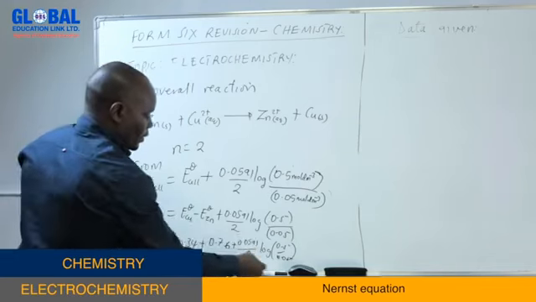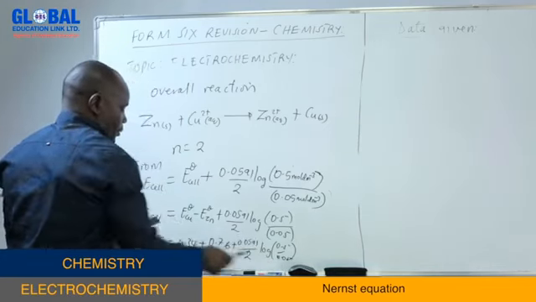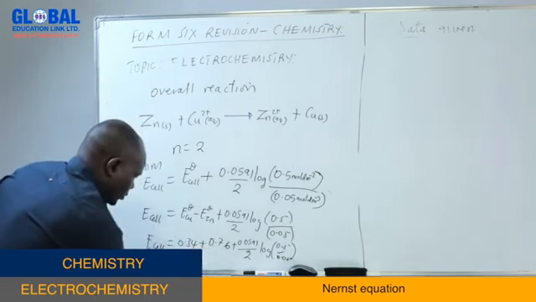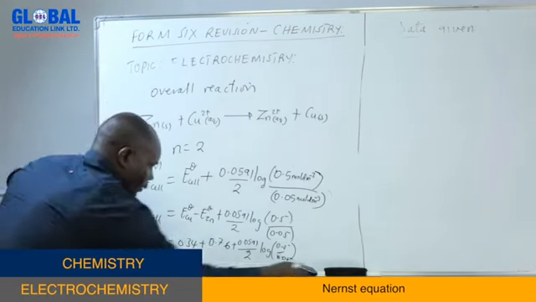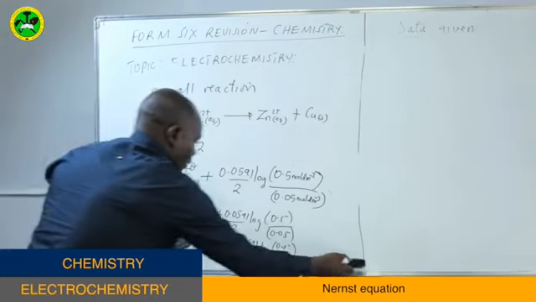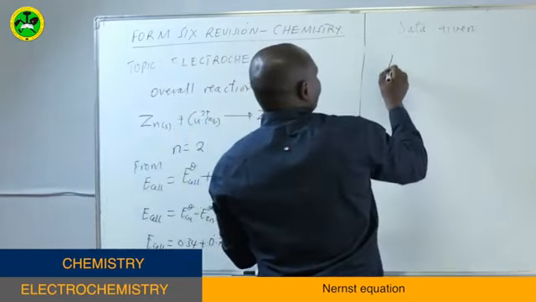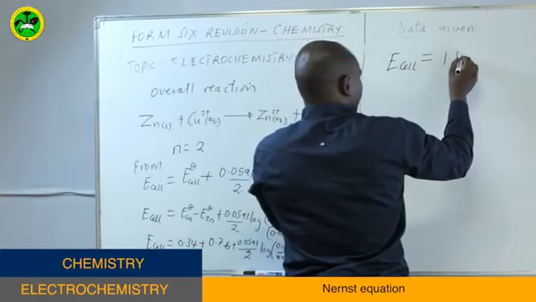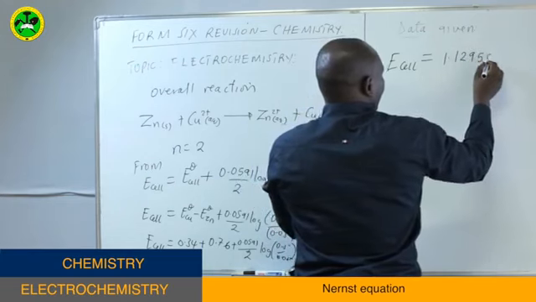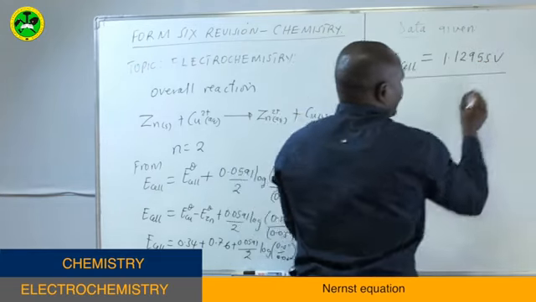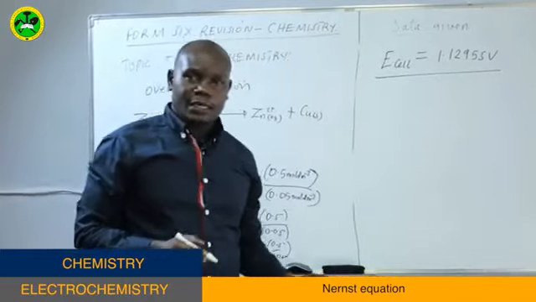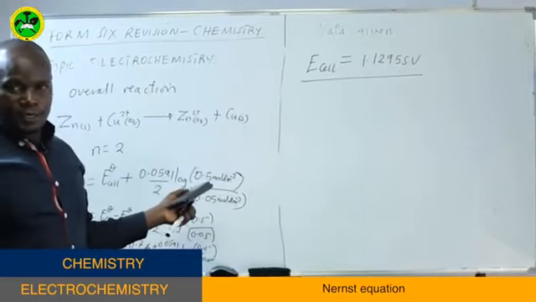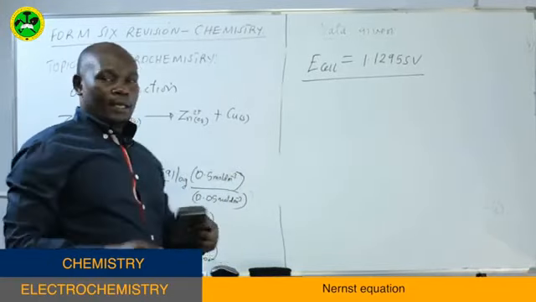After calculating, the EMF of the cell is equal to 1.12955 volts. So that will be the EMF of our cell according to the question that you have been asked. So I think you see now how simple it is. Follow me to the next question.